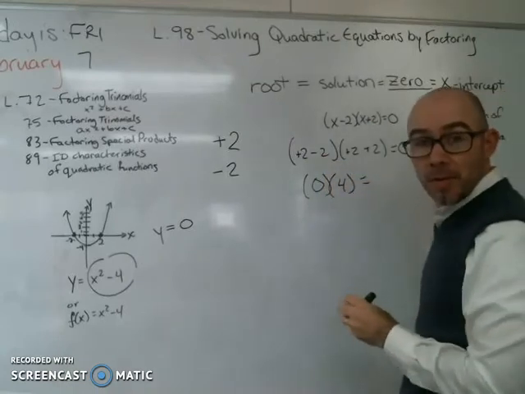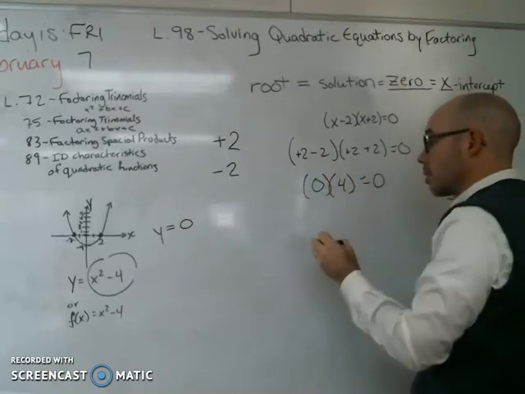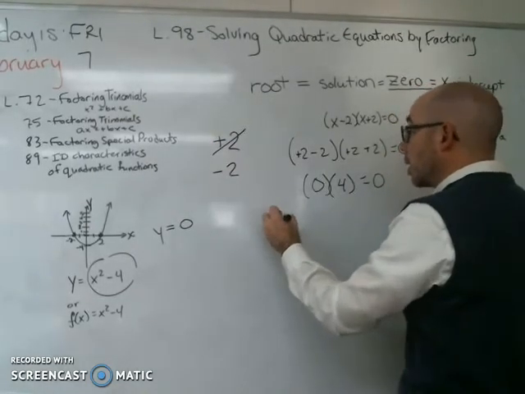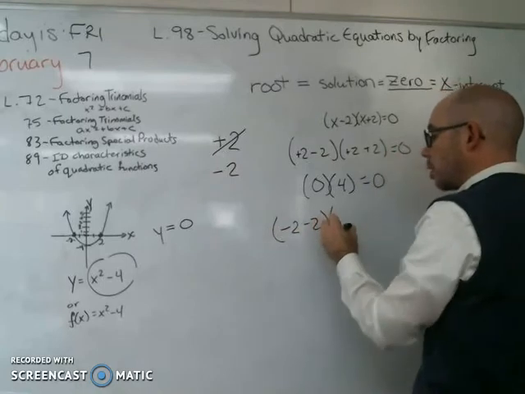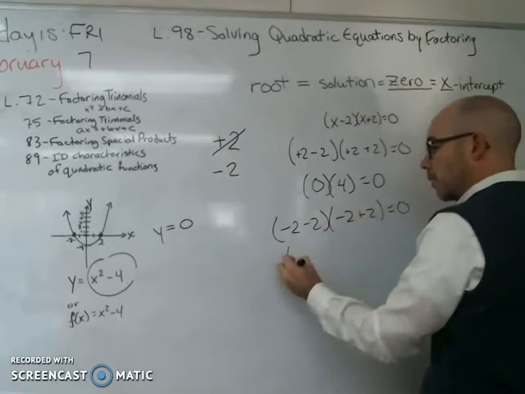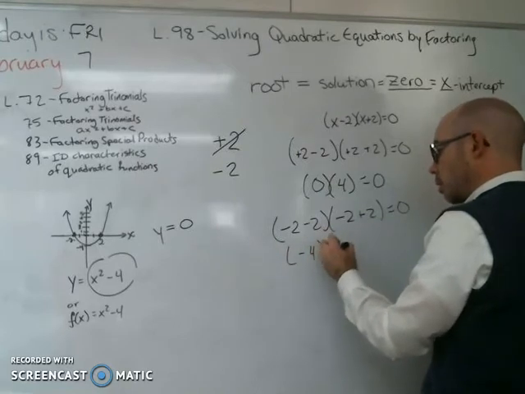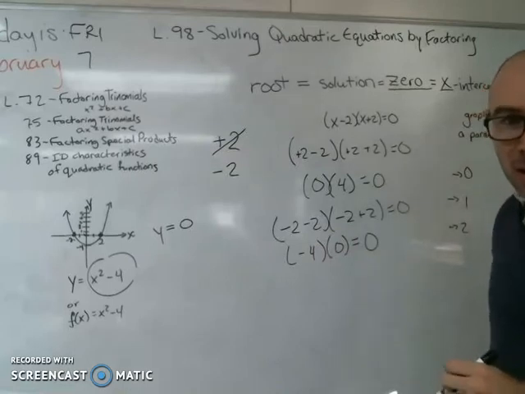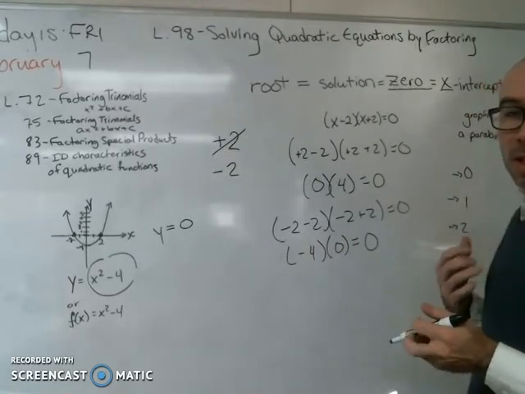Is 0 times 4 0? Yes, it is. Now there were two solutions. We might plug in negative 2 into that equation. And that gives us negative 4 times 0. Is negative 4 times 0 0? Yes, it is. And so you see what we did there.